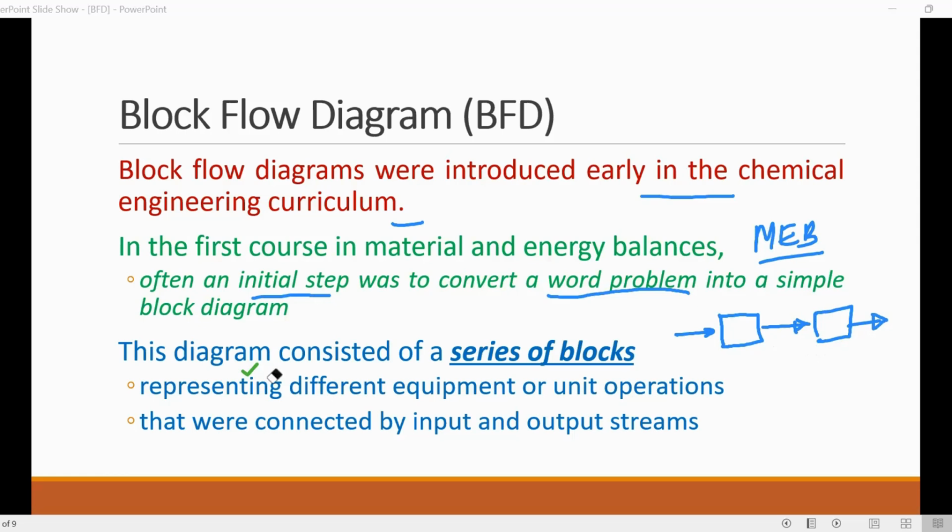The diagram consisted of a series of blocks, as shown here, representing different equipment or unit operations that were connected by input and output streams. But literally, they are only square blocks or rectangular boxes.